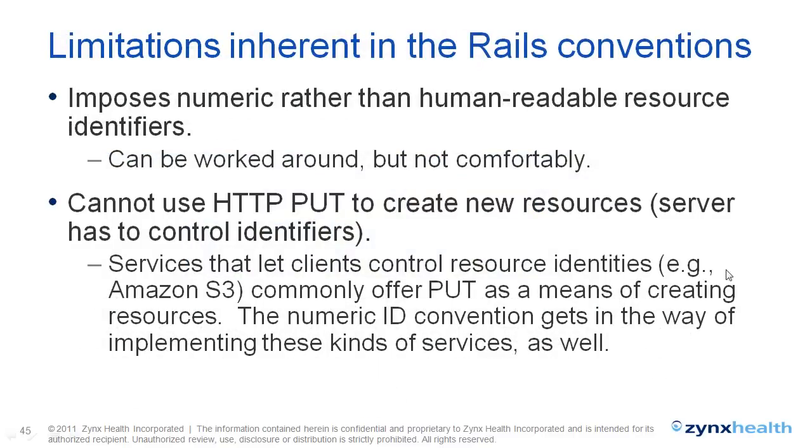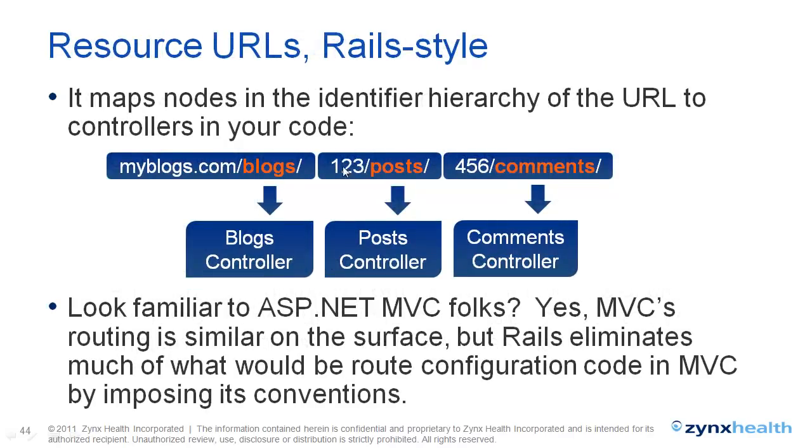As I mentioned earlier, there are limitations. There's really a set of limitations associated with the fact that this ID convention involves numerical IDs. Rails and other frameworks like Active Record that it interacts with basically make for very small code, very few statements that is able to do a lot of things, but it does that by imposing a lot of conventions that guide how the framework distributes work.